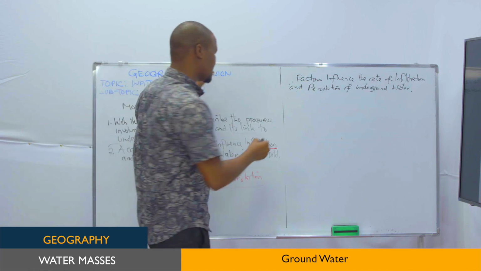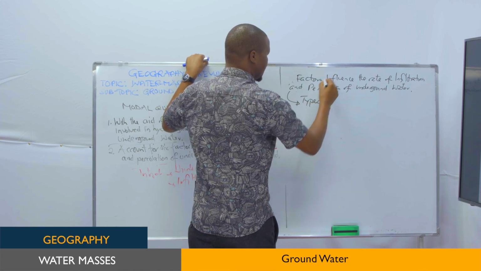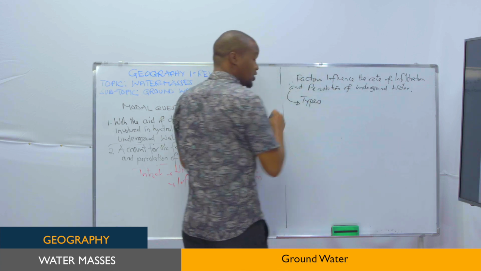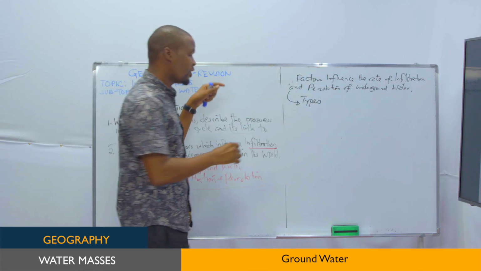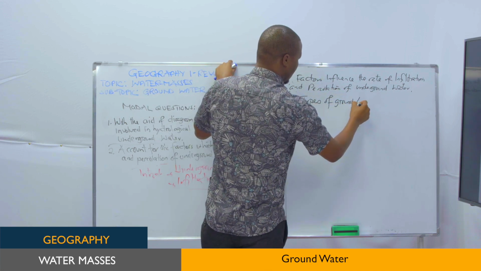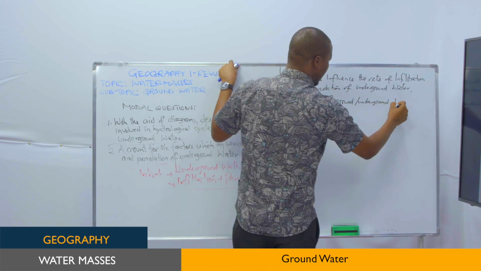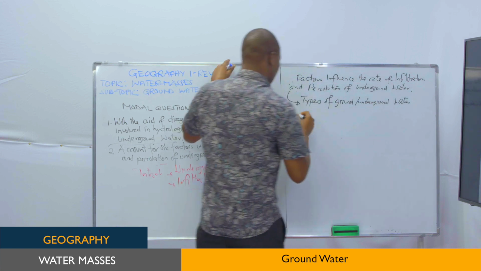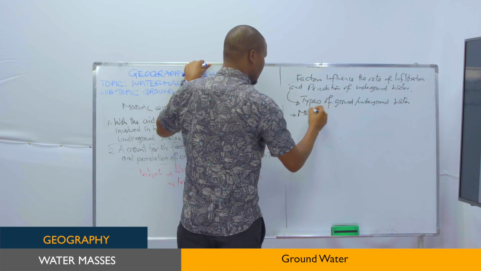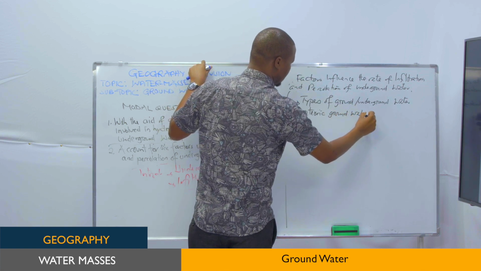Before explaining the factors, let me explain the types of underground water. Through the types, we will be able to understand and explain the factors influencing the rate of infiltration and percolation. We have types of ground or underground water. The first one is meteoric groundwater.